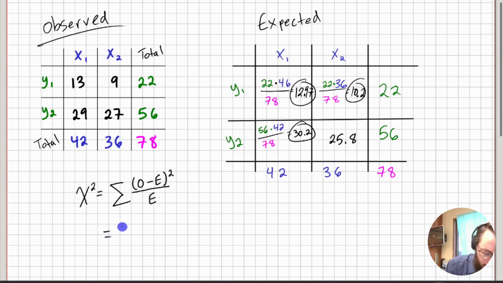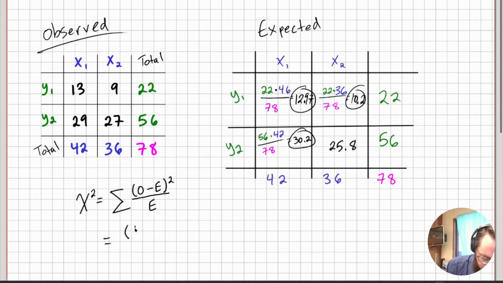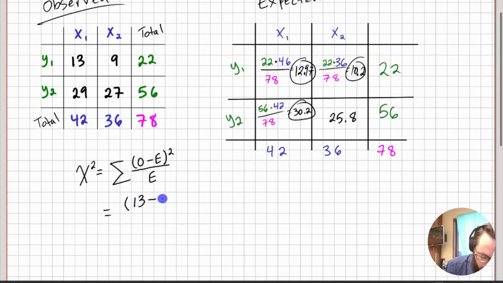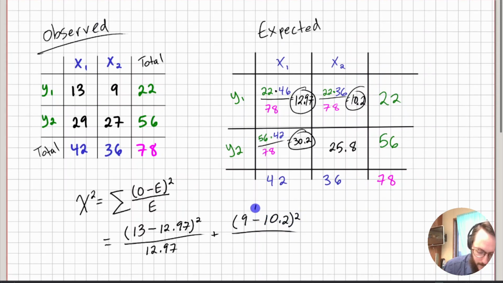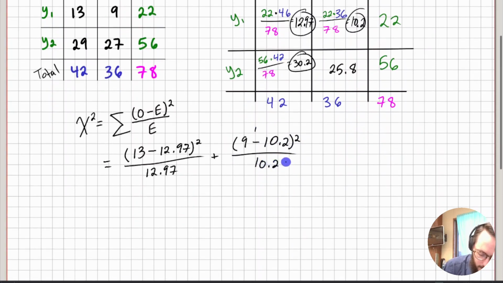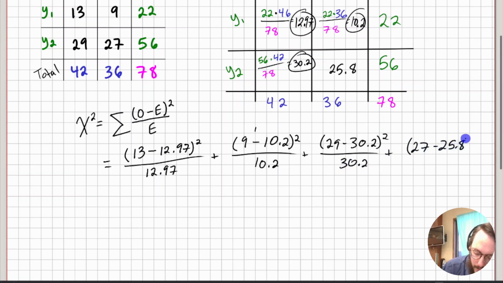So we take 13 minus 12.97 squared divided by 12.97, plus 9 minus 10.2 squared divided by 10.2, plus 29 minus 30.2 squared divided by 30.2, plus 27 minus 25.8 squared divided by 25.8.